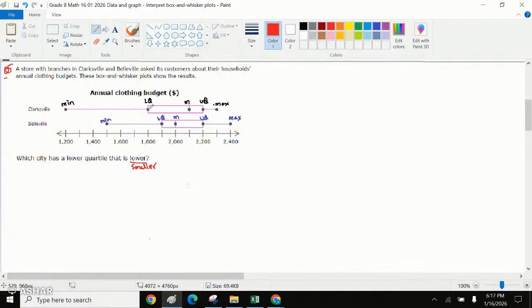Can we say that this has a lower quartile compared to this value, right? So which city is it?